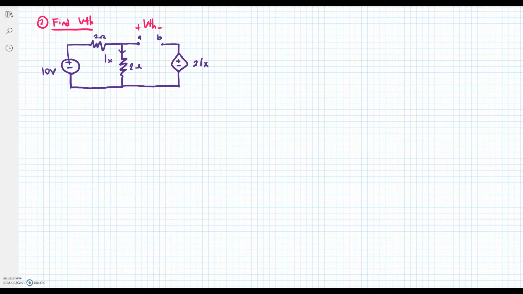So here is the circuit. You can see that there is one loop. We call that I1. Okay.